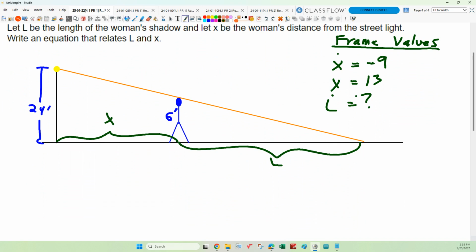You're looking at this and seeing that there is a right angle right there, right? Does anybody see a problem with the Pythagorean theorem here? Yeah, we don't know anything about the hypotenuse. That involves another variable, and we don't want to include another variable. So it's not a Pythagorean theorem relationship.